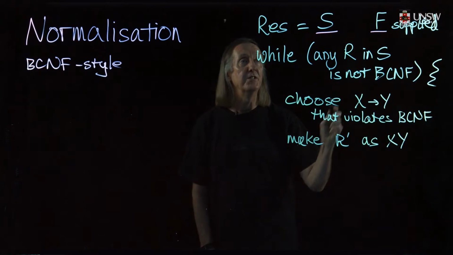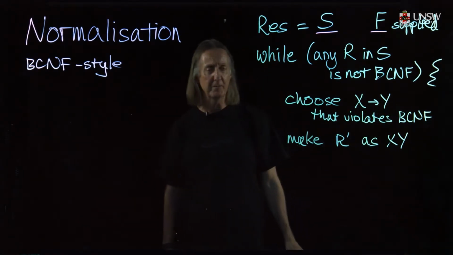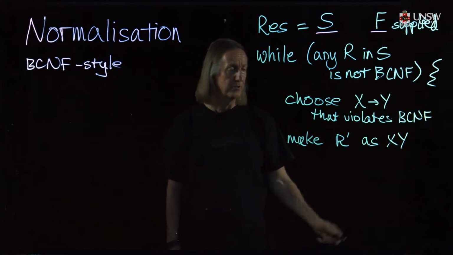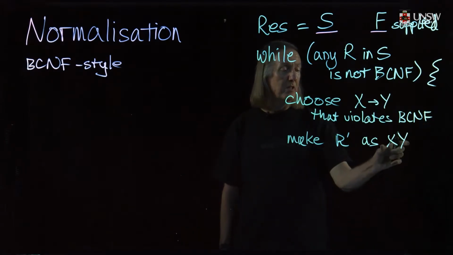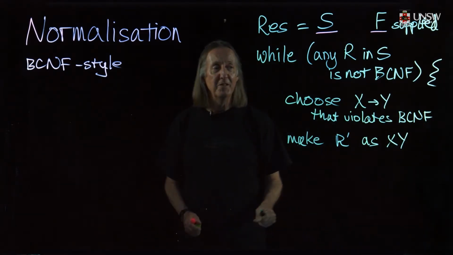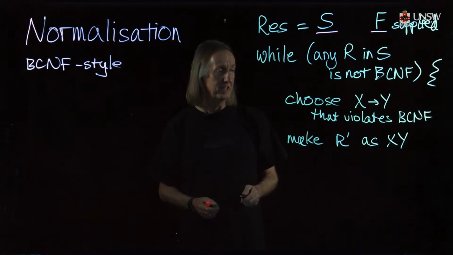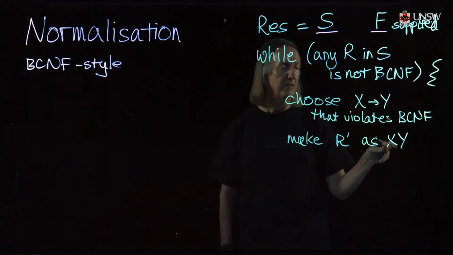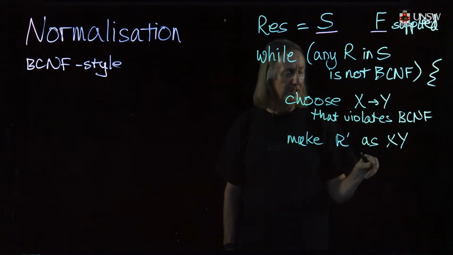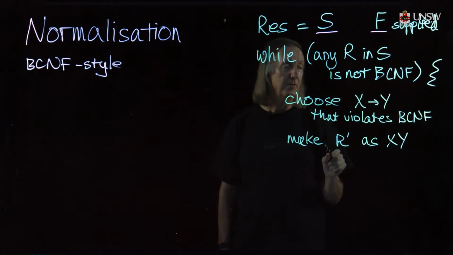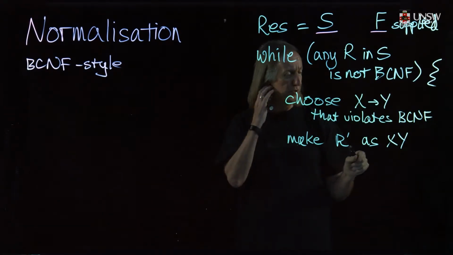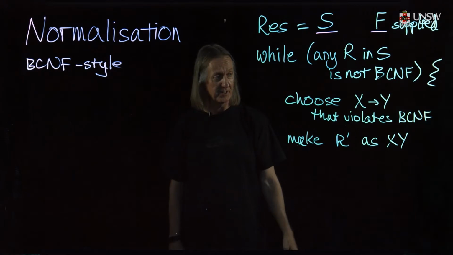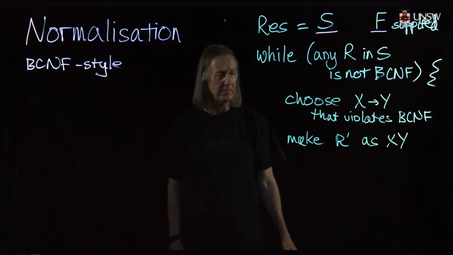The thing about all of this discussion is, in fact, these capital letters here are really meant to be sets of attributes, but often we kind of treat them as being single attributes. So in any case, we end up with a new table, which is guaranteed to be in BCNF because the BCNF property is that for a given table and a given functional dependency, all of the attributes on the left-hand side of the functional dependency form part of the key, and that's kind of by definition what's happening here.